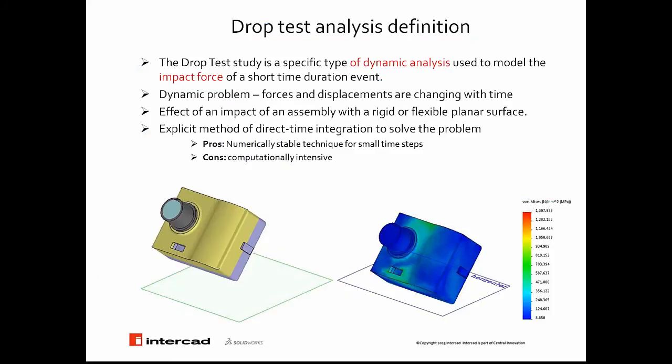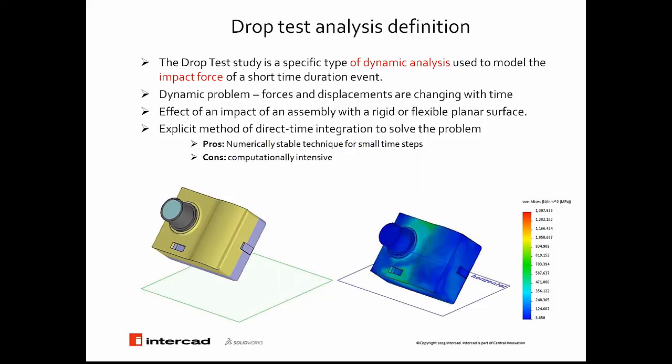Now let's define what the drop test looks like. The drop test study is a specific type of dynamic analysis used to model the impact force of a short time duration event. When we say dynamic, it means the force and displacement are changing with time. And when we are introducing impact force, this impact could be on a component or an assembly where we have a rigid or flexible planar surface for the impact.